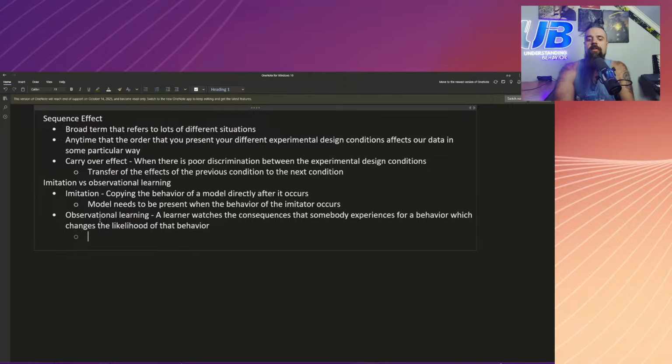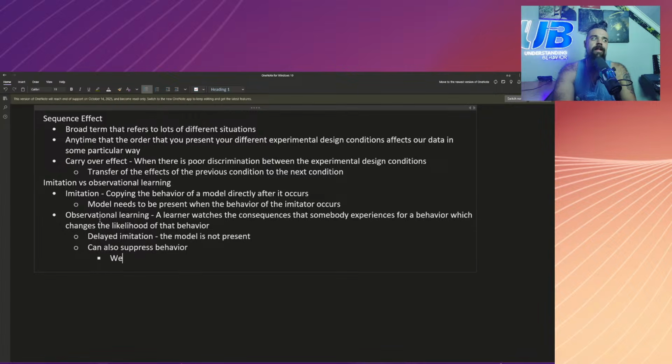Observational learning is more about delayed imitation, for example, where the model is not present, but the person whose behavior we're looking at may have observed this in the past. But another key difference here is that observational learning can also suppress behavior.